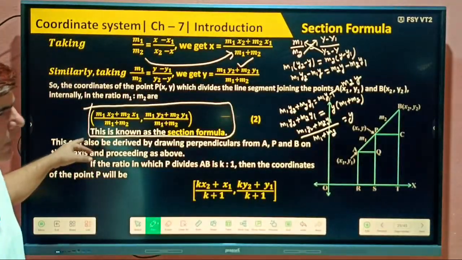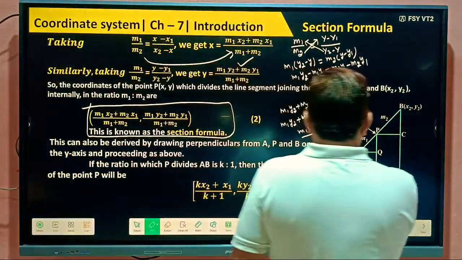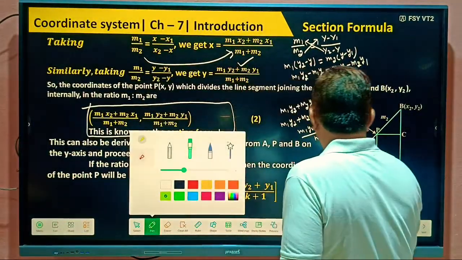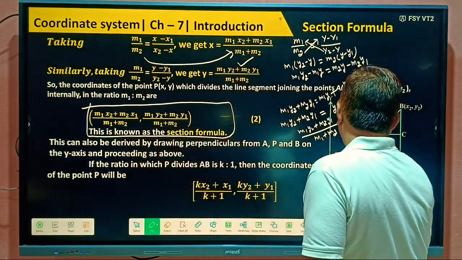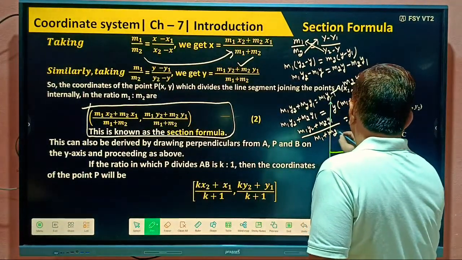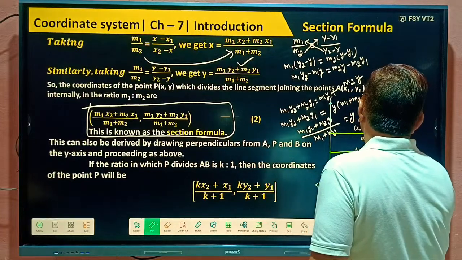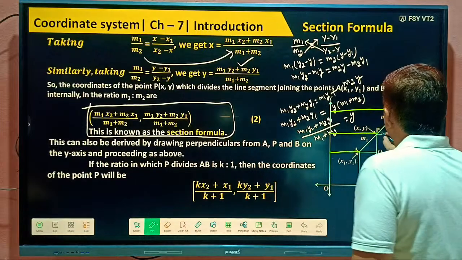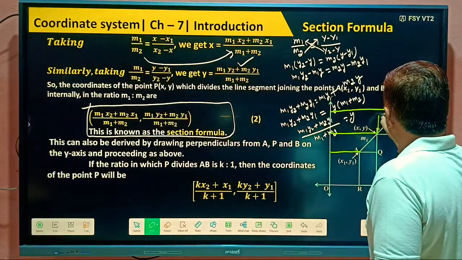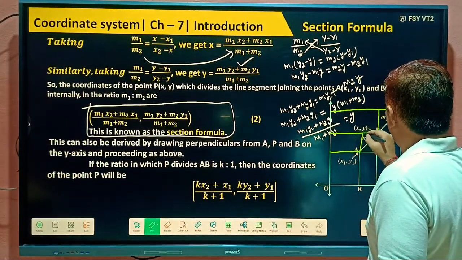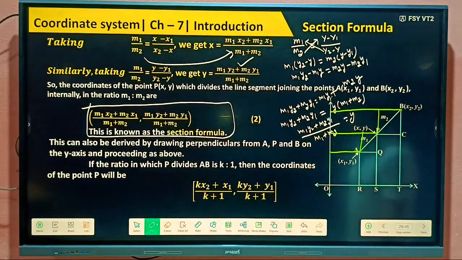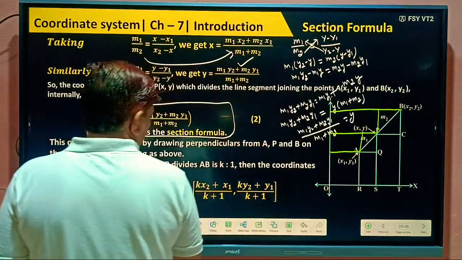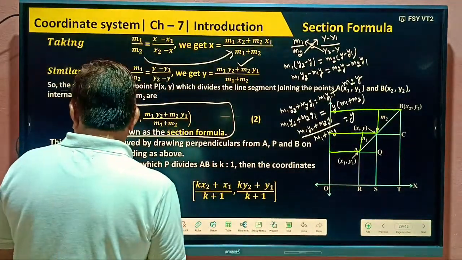One perpendicular is this, another is this, another is this, and then this. Then also we are able to show this. If the ratio P divides AB, and what happened?